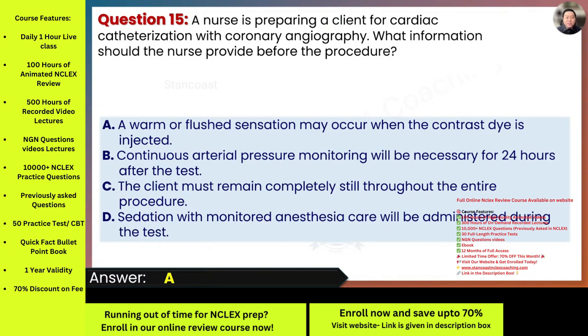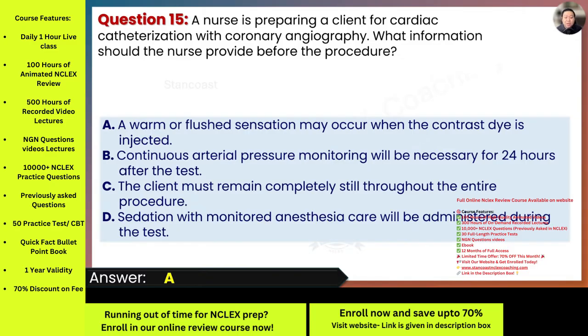And during the procedure, the iodinated contrast dye is injected into the vein, actually not vein, but the coronary arteries rather. This will allow the healthcare provider to visualize the blood flow to the heart.